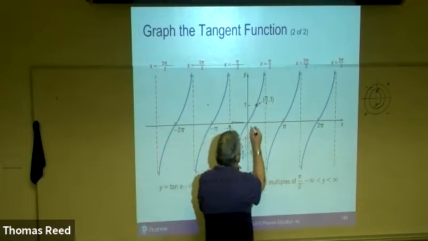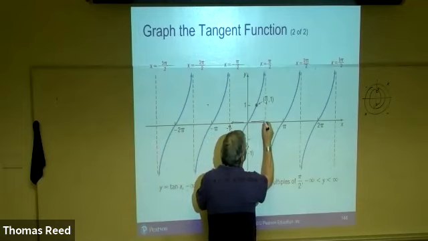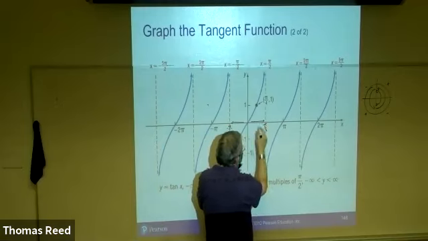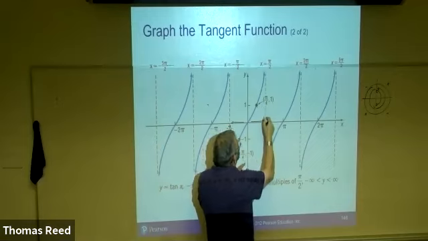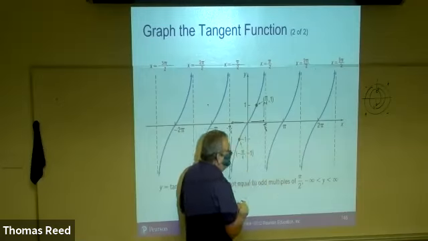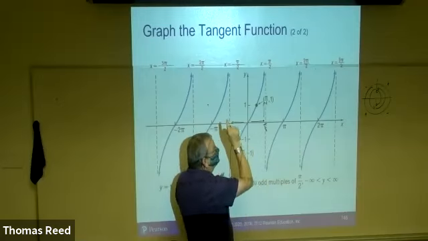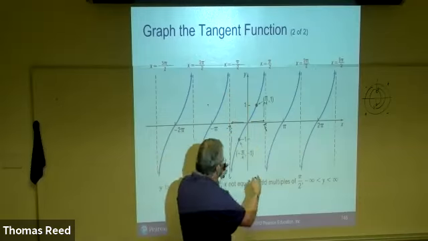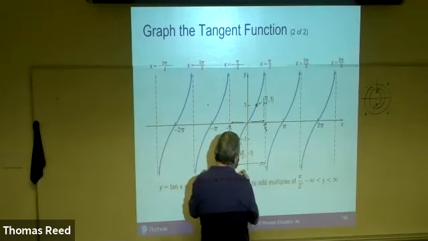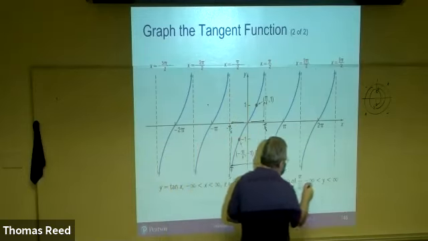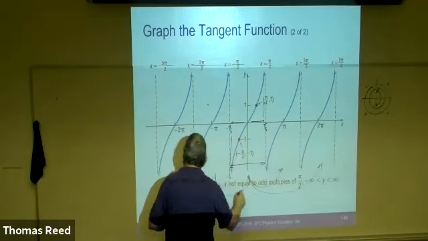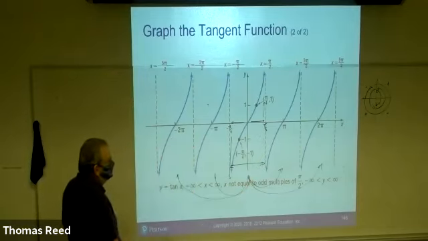And as x approaches positive pi over 2, as the x values increase, the y values increase. And since x never actually reaches pi over 2, the y goes towards infinity. And so this is one period, and it gets repeated here and here and over here, and repeated down here and on down.